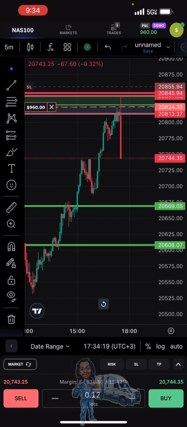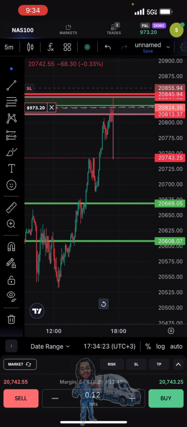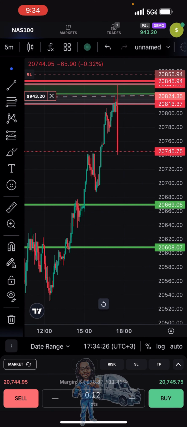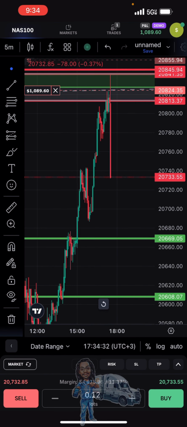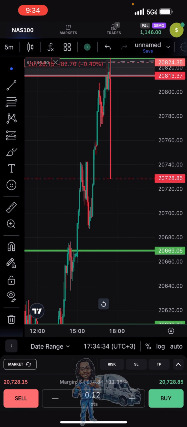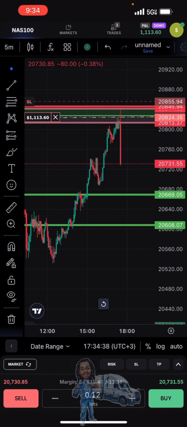So far, everything that I have marked out is coming to life. I'm up 3 to 1 already. So right now I'm going to watch and see how the market reacts to these order blocks right here and these gaps in the market. I want to see it just continue to blow through all of these gaps.